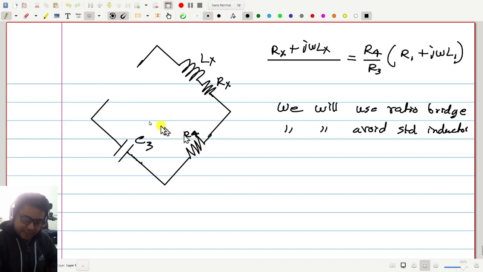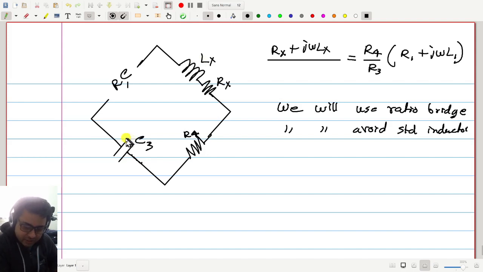But I can take a capacitor, no problem. So I can take an RC combination. Then the sum of these two will be negative, and this can also be negative.